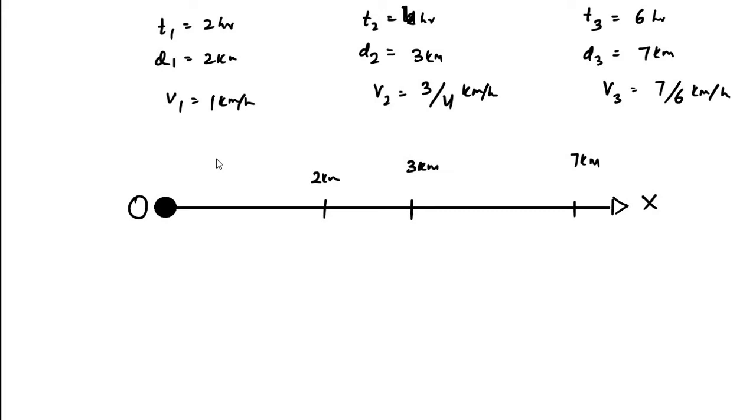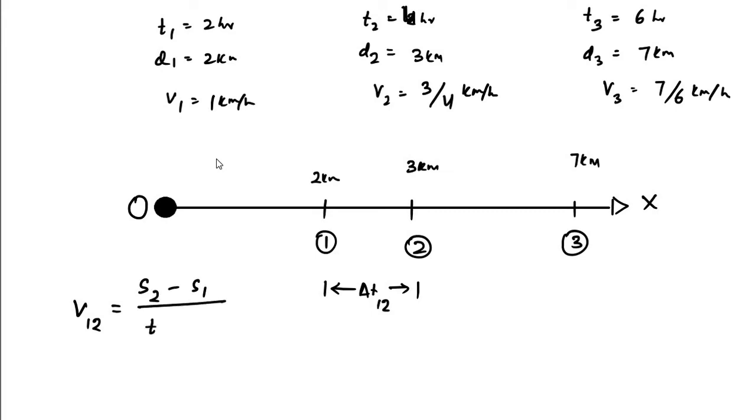Also, if you want to calculate the interval velocity for interval 1 to 2, in between this time interval, the velocity during the interval 1 2 is s2 minus s1 by t2 minus t1.